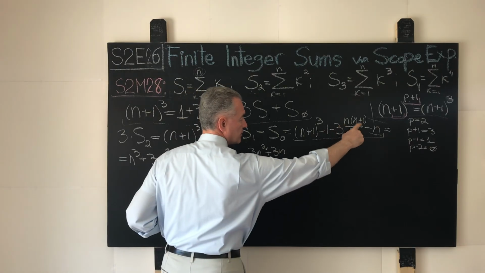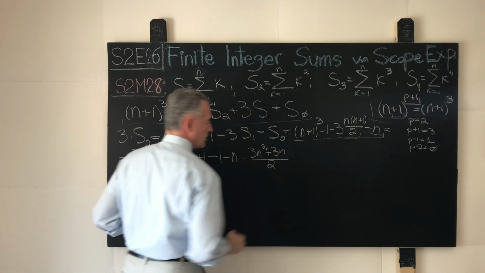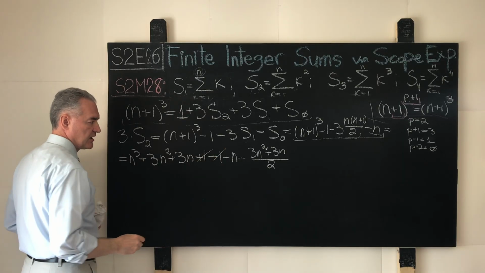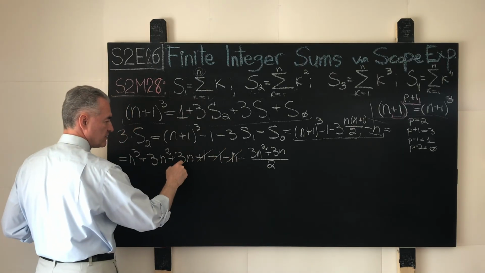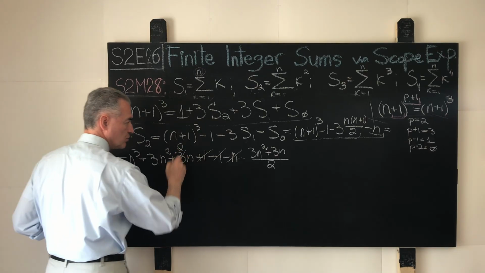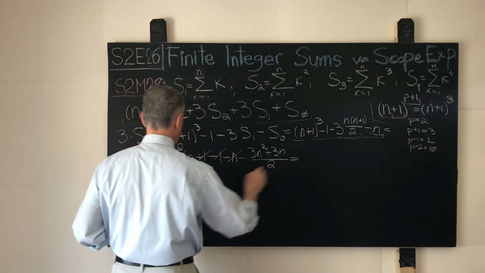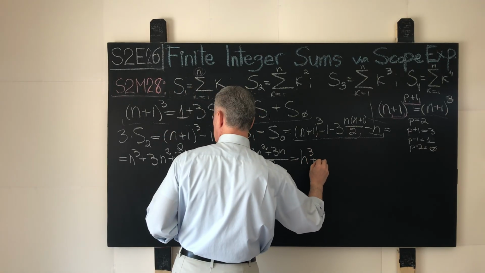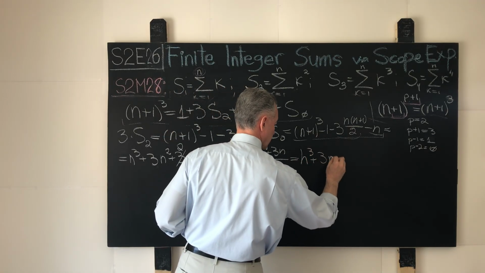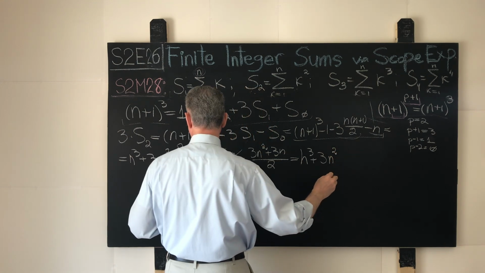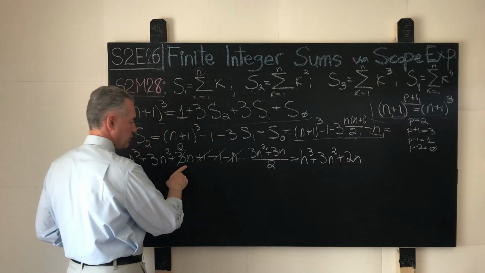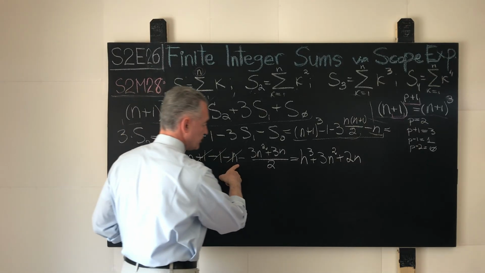Here I just spelled out 3 times the sum S1. We see negative 1 and positive 1 cancel out. Negative n and 3n become 2n. And what do we have? Here we have n to the third power plus 3n squared plus 2n, and so on. All this material is gone.